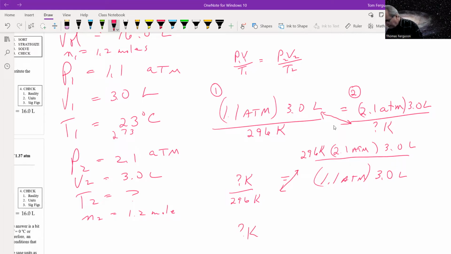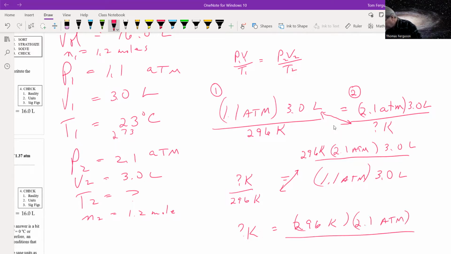We're looking at, where did the 3 liters go?